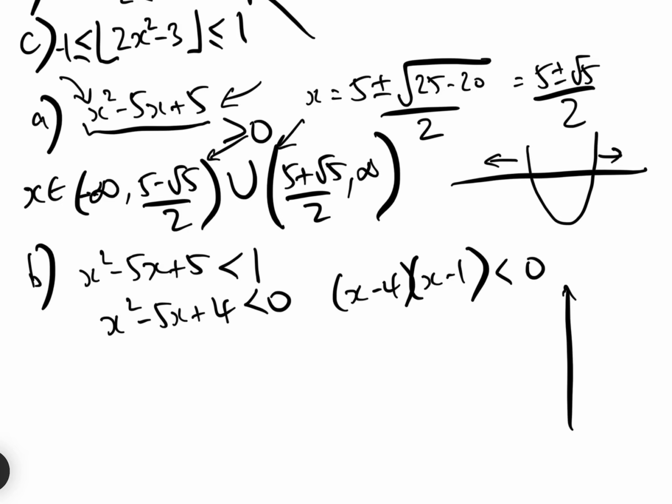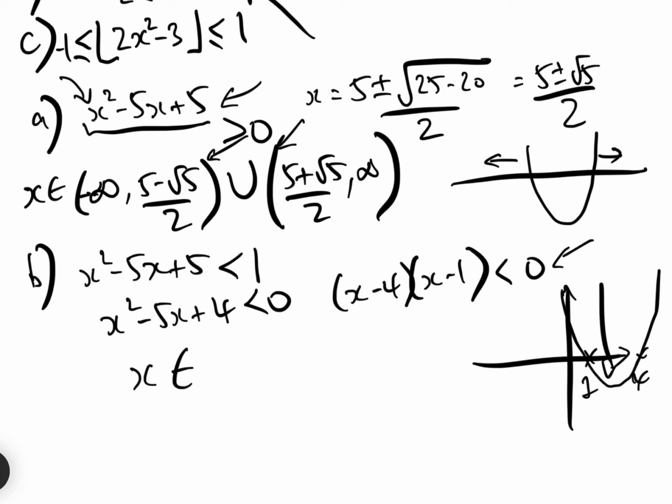Again, we can draw that one if we want to. It will go through the points 1 and 4, and so this will be less than 0 when x is between 1 and 4. So for B, x must be contained in the set 1 to 4, and again we're using curved brackets because this cannot be equal to 1.